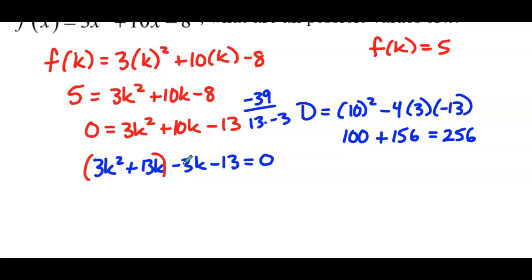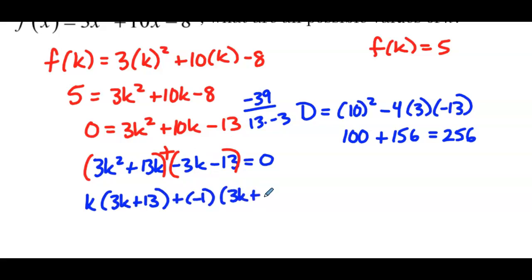We'll group the first two terms together and the second two terms together with a plus sign. Greatest common factor of the first two terms is k, leaves us with 3k plus 13. Greatest common factor of the second two terms is negative 1, so that we also have a 3k plus 13.